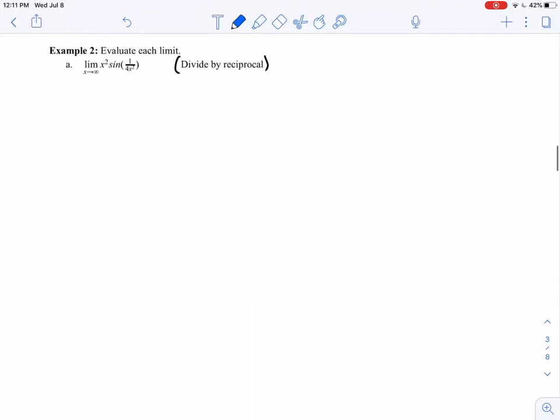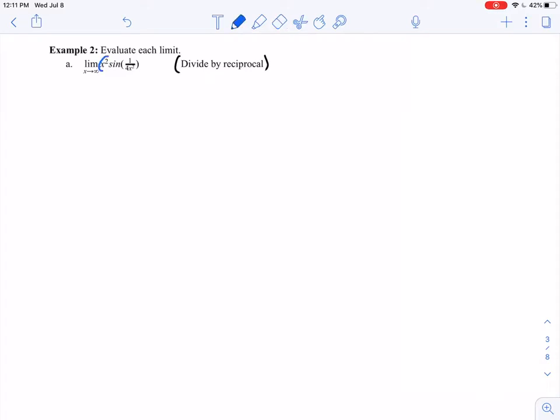Here I have the limit as x approaches infinity of x squared times sine of 1 over 4x squared. The hint that we're going to use is that we're eventually going to divide by the reciprocal, but hold on to that thought. If I try to take the limit right now, let's just do this.